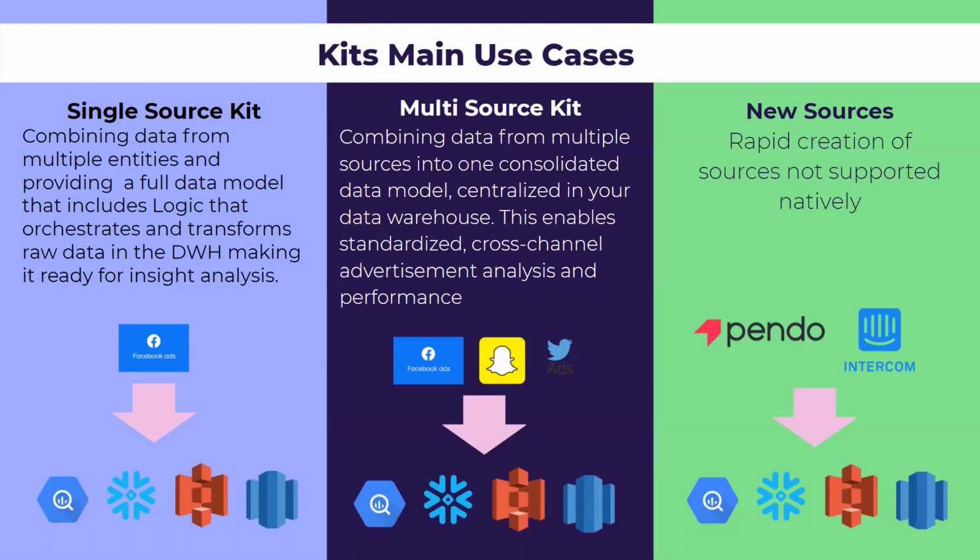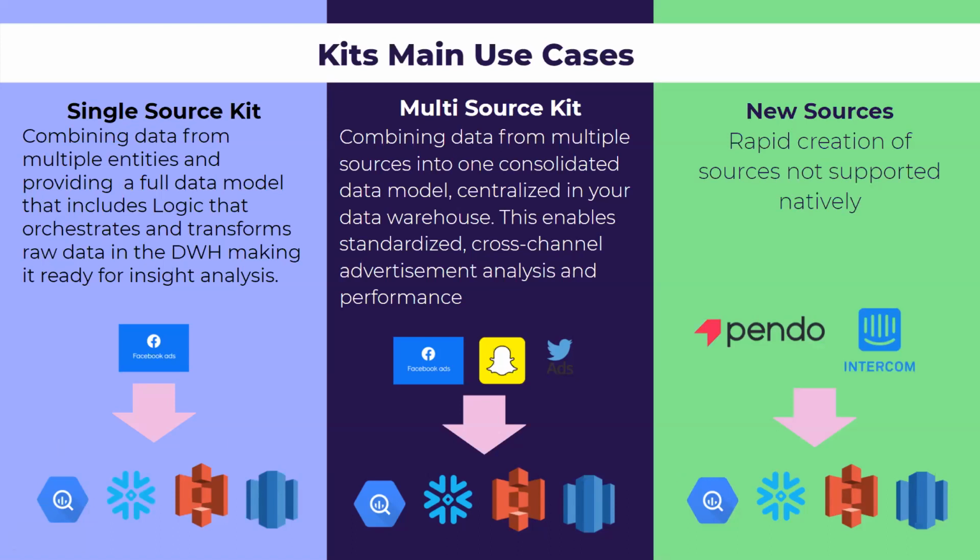For example, we have a kit in our GitHub for B2C social media that includes Facebook, Snap, Twitter. You can think also of Instagram that can be added there. It consolidates this data and centralizes it into your data warehouse, ready for visualization and insights.